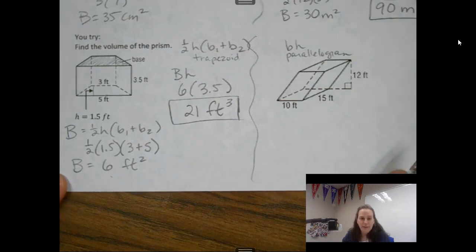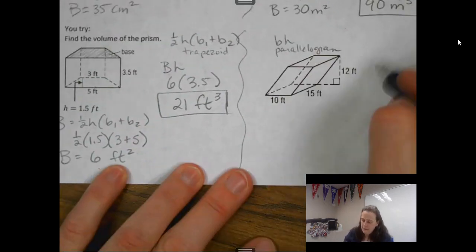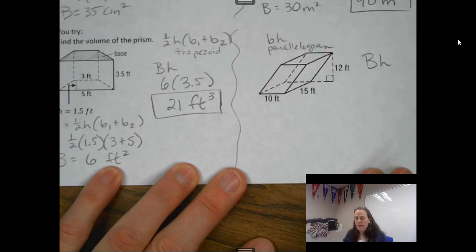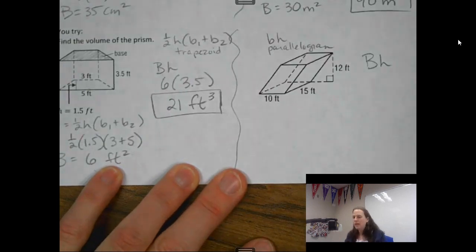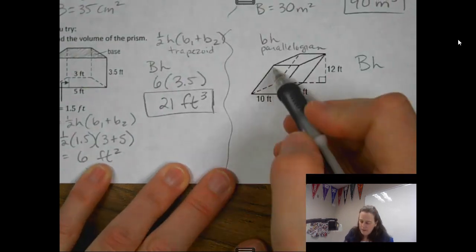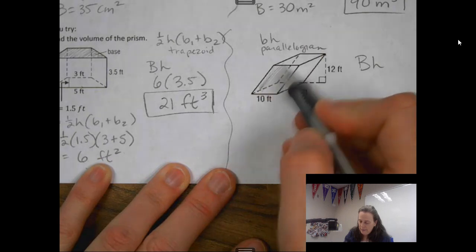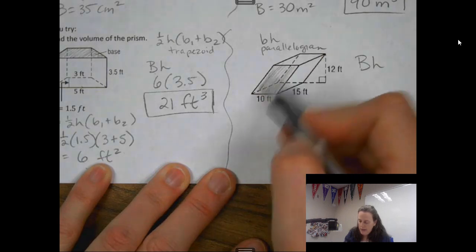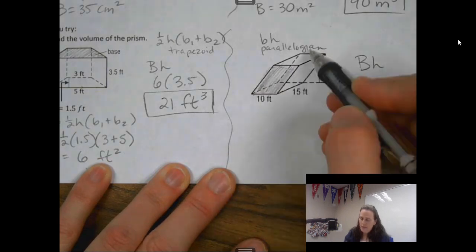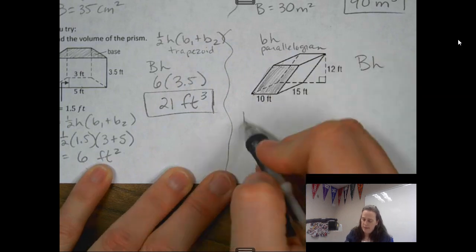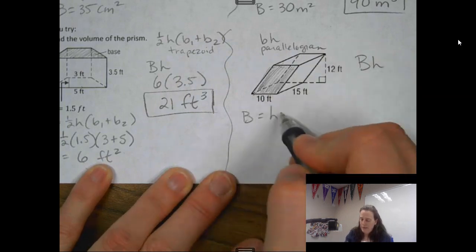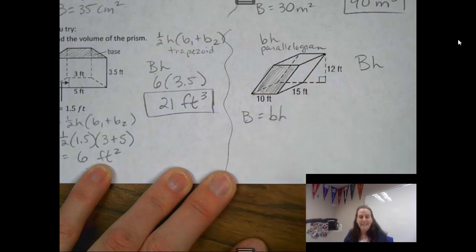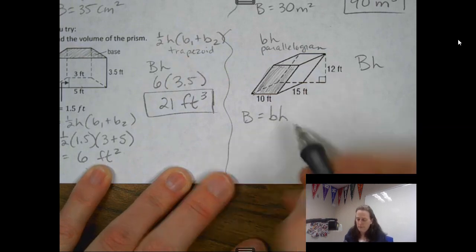Let's try parallelogram. Still, it's base times height. So as long as we know the area of the two matching parallel bases, which I see one right here, it's this parallelogram. There's one, and then the other one is at the other end of it. So we said base times height is the area of a parallelogram.